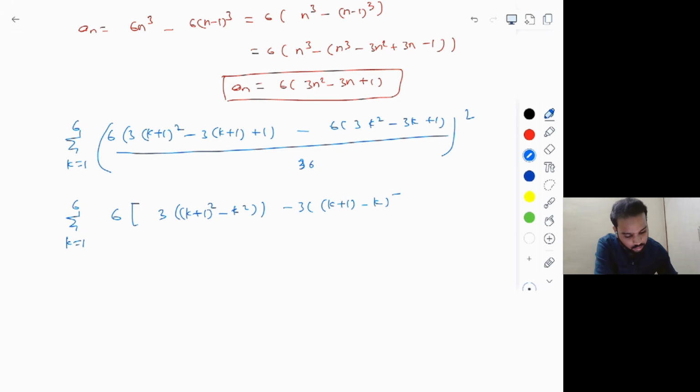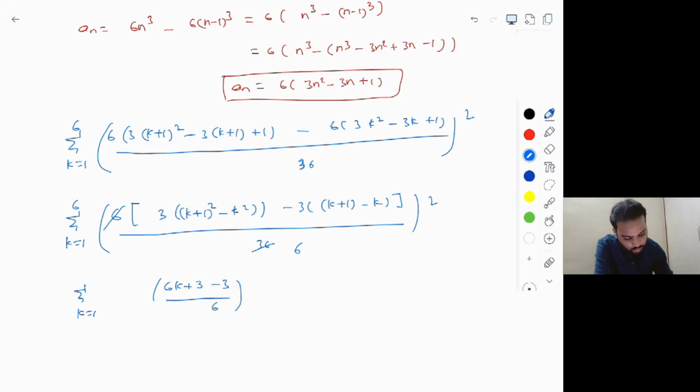So let's leave that out. And then whole divided by 36 is also there, and to the whole square. Okay. So you can cancel this 36 out here and you can solve the remaining part. You can notice here sigma k equals 1 to 6. I'm going to write it directly, from which I'll be getting 6k here and plus 3 remaining. And what about in this case? You're going to get minus 3. So whole divided by 6 and whole square.